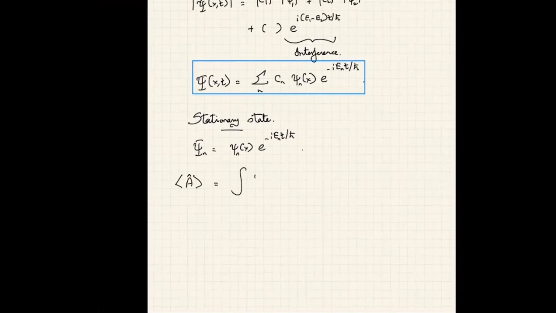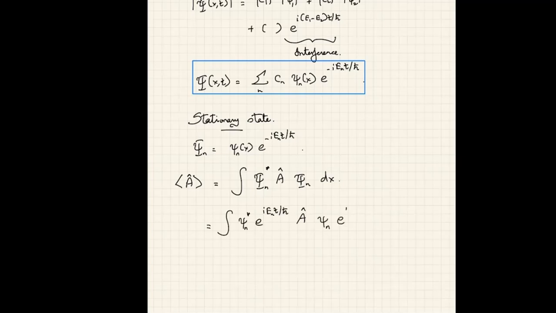I should take the integration of psi n star, sandwich the operator between psi n star and psi n, and take the integral. Now I'll assume that the operator is time independent, which is true for most of the operators that we would be dealing with. A itself has no explicit time dependence, so I can write this as little psi n star times e to the plus i En t over h bar, A, psi n e to the minus i En t over h bar, dx.